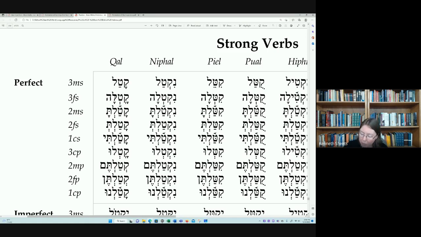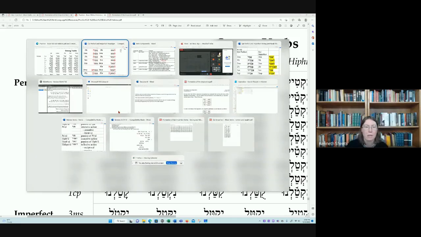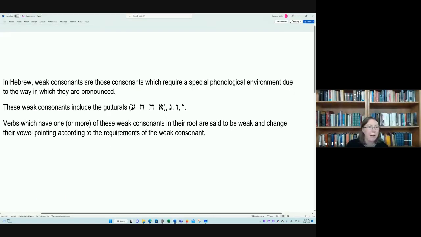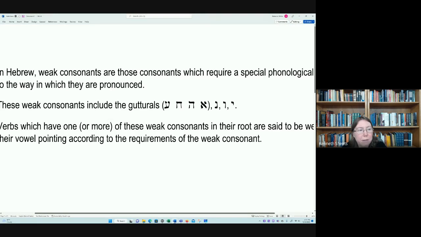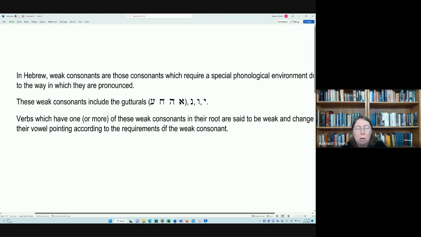Now, there are some verbs that will do things a little bit differently because of the different consonants that they have. And we call these weak verbs, and I'm going to go ahead and introduce this concept here. Basically this idea is where you have certain consonants that are weak.